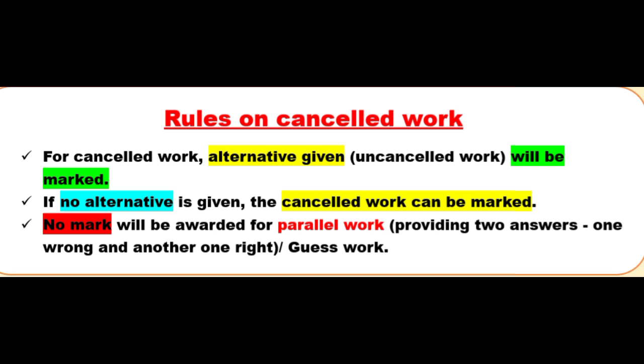Then there will be no mark awarded for parallel work or guesswork. If you give two answers, let's say you have been given a question to calculate, for example, to calculate current, then you calculate in two ways, and you're getting different answers, and you leave the two ways there for the examiner to determine which one to mark.